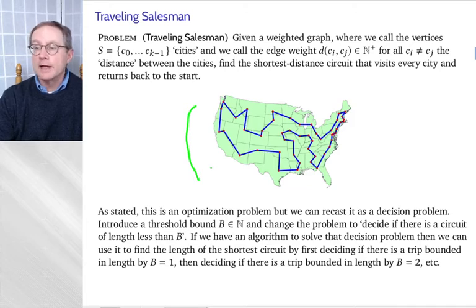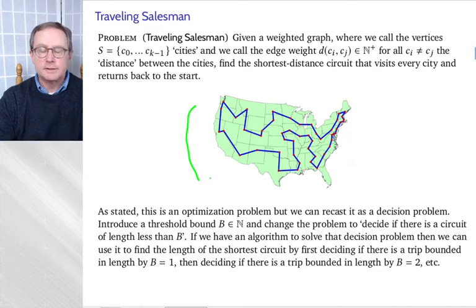But we can recast it as a decision problem. So you introduce a threshold bound, a B, say B equals 16,000 kilometers. And you change the problem from find the minimal length circuit to decide if there is a circuit of length less than B. Now, if you could solve the problem, decide yes or no, if there's a circuit of length less than B, then you could solve the minimization problem, because look, you just say decide if there's a circuit of length less than 1.